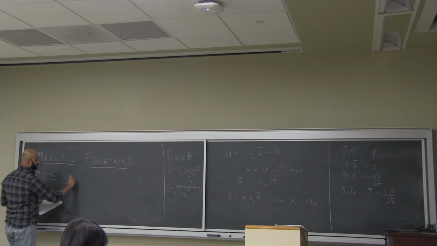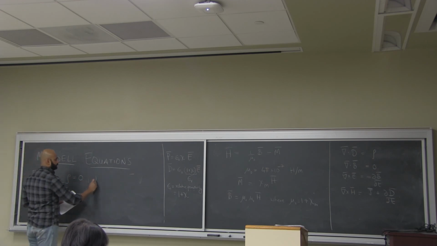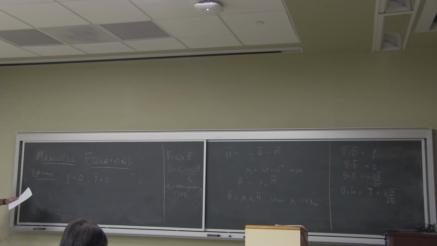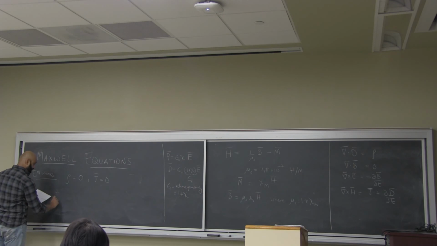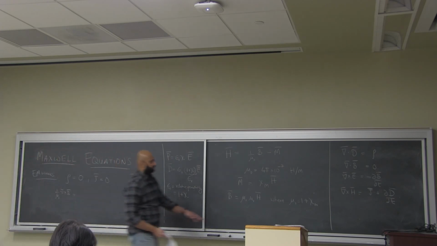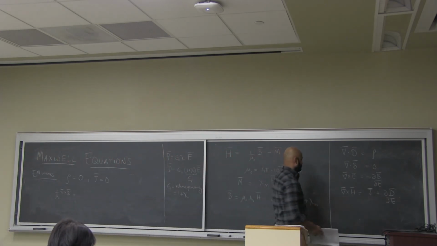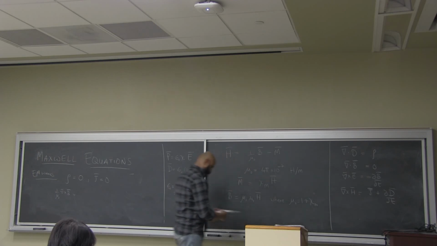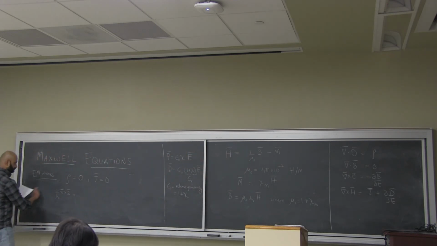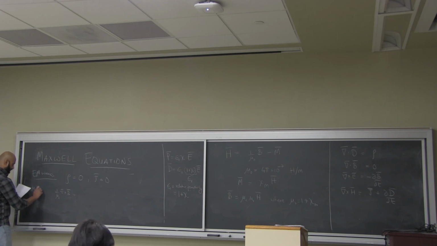When I said that there are no free charges and no free currents, rho equals 0, J equals 0, then we immediately get 1 over mu naught del cross B, by substituting for H as B divided by mu naught times mu R, and mu R I'm setting equal to 1.